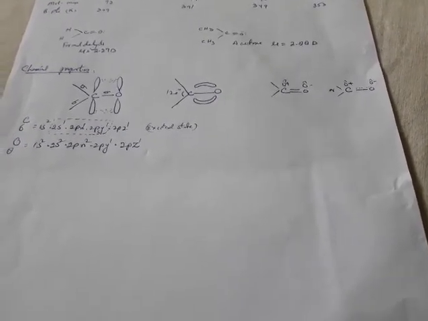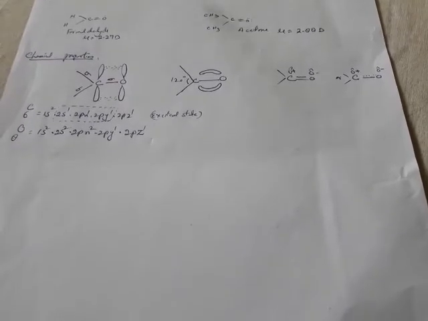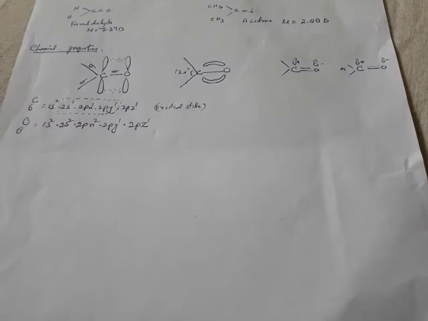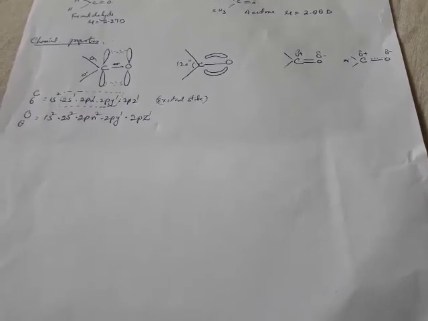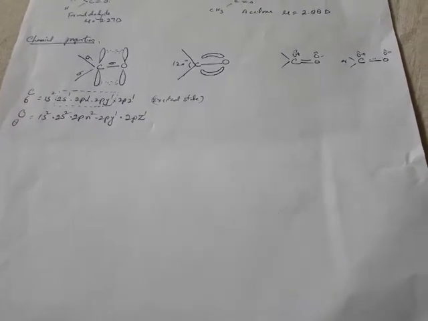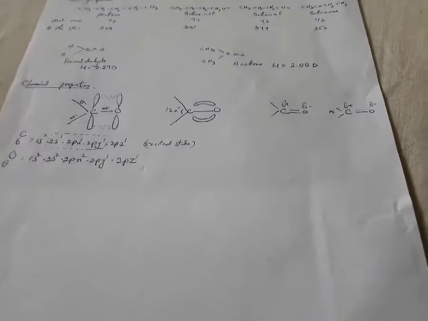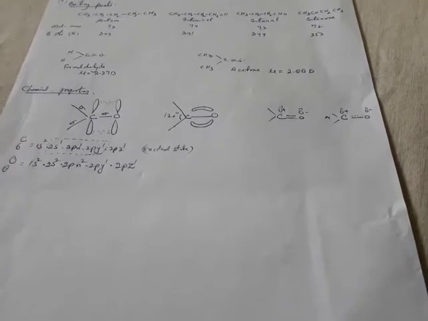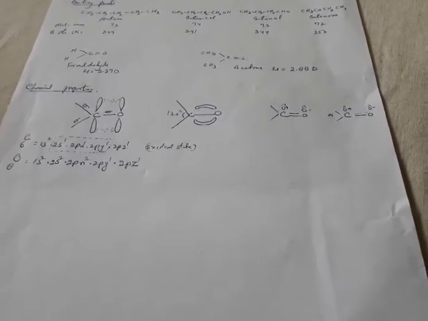However, these dipole-dipole interactions are weaker than the intermolecular hydrogen bonding in alcohols and carboxylic acids. Therefore, the boiling points of aldehydes and ketones are relatively lower than those of alcohols and carboxylic acids of comparable masses.